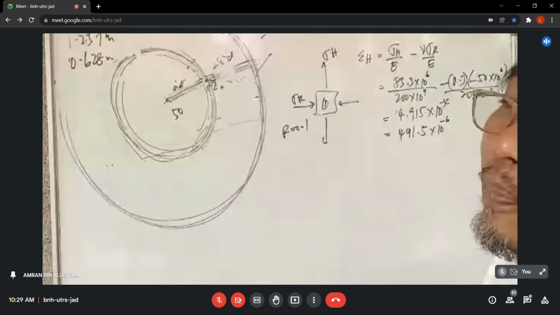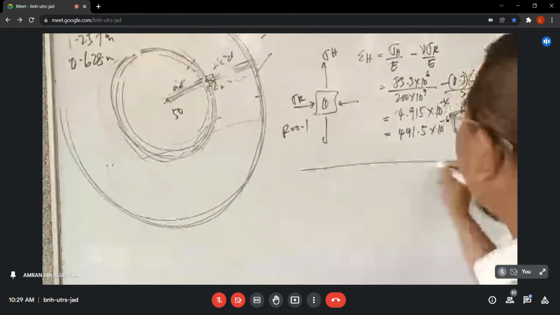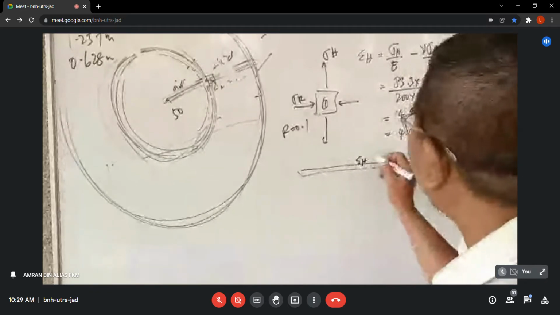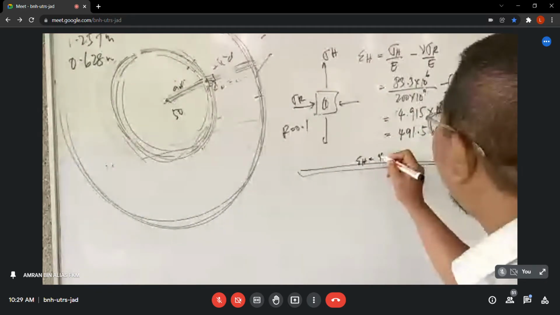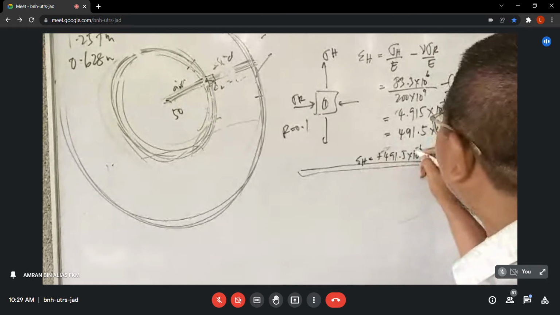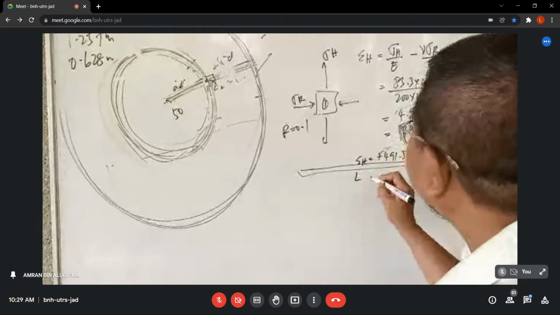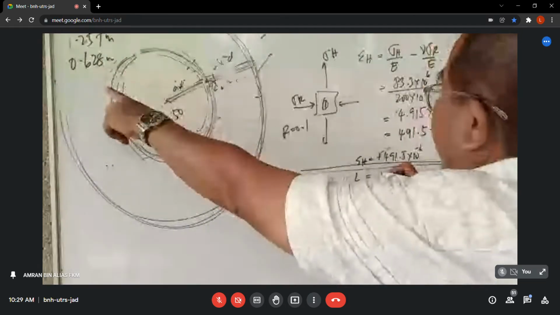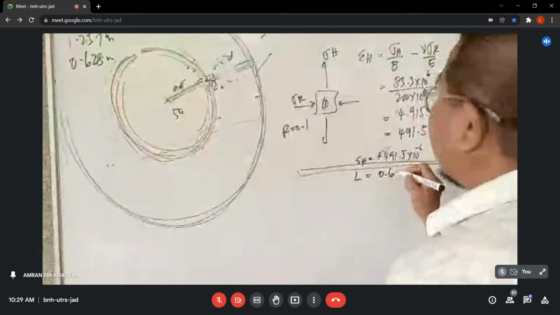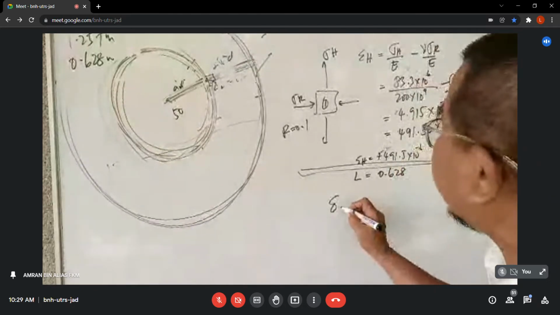Are you with me? Yes. Now, for the strain EH, I got this positive value, 491.5 times 10 to the power minus 6. We know the original length is 0.628. Can we go to change in length?